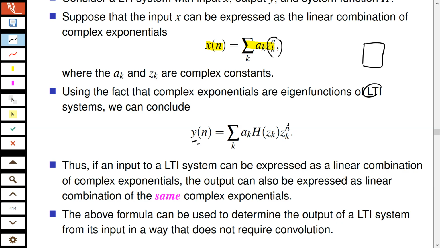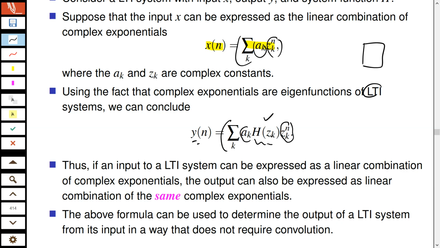It will have the same functions, z to the n, and that combination a_k is not going anywhere because it's a linear system. This summation is not going anywhere because it's a linear system, and because it is an LTI system, this multiplication by the system function will also be visible in the output.